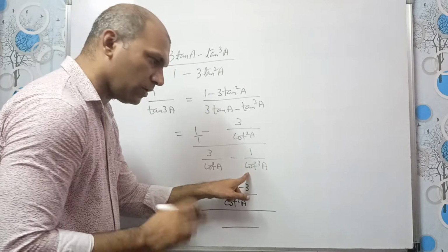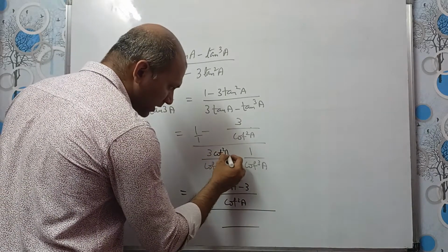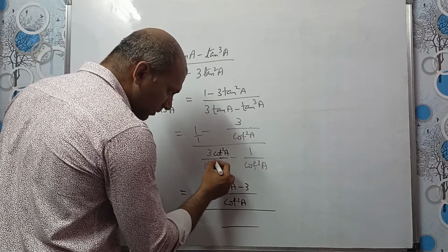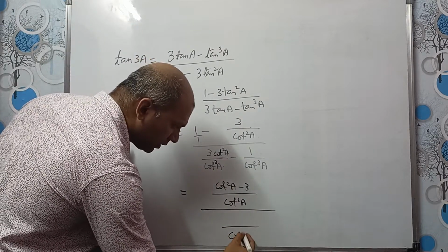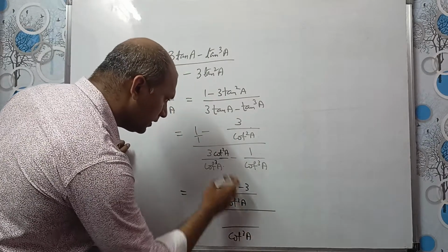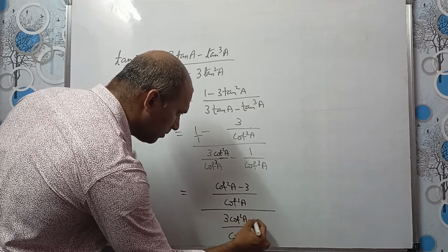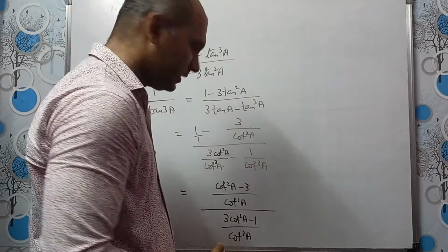LCM of this will be cot cube A only, or if you are having confusion, let us multiply this with cot square A, so this will become cot cube A. So now both are cot cube A. Cot cube A here, and here it will be 3 cot square A minus 1. We made denominators the same here, right?